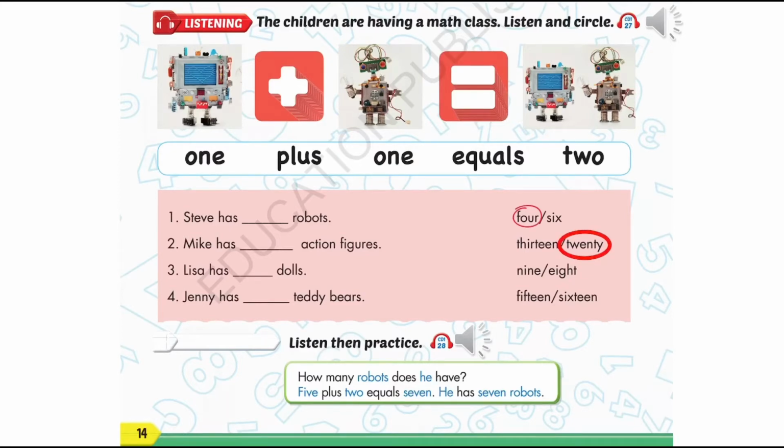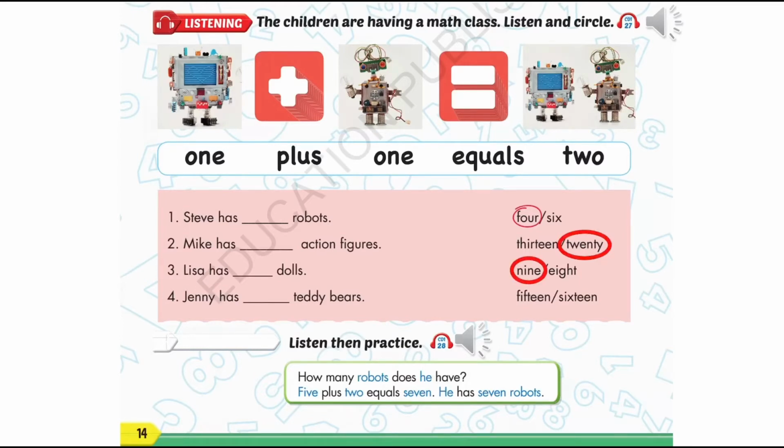3. Lisa has 11 dolls. She gives her sister 2 dolls. How many dolls does Lisa have? 11 minus 2 equals 9. She has 9 dolls.